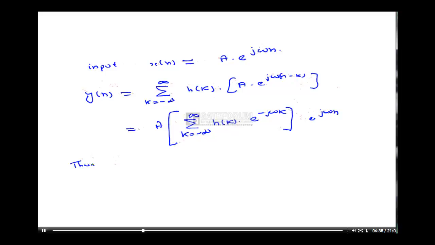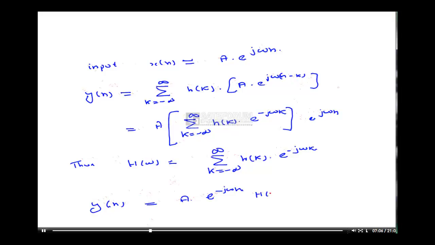Thus H of omega is summation k tending to minus infinity to infinity h of k e to the power minus j omega k. Now y of n is equal to A times e to the power j omega n H of omega.